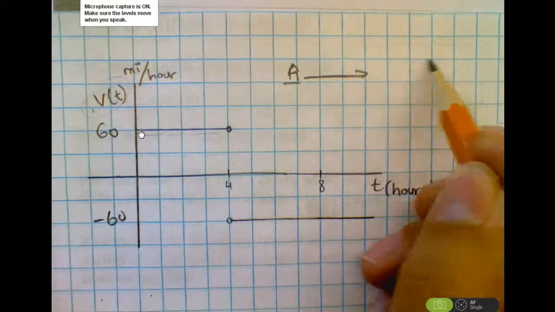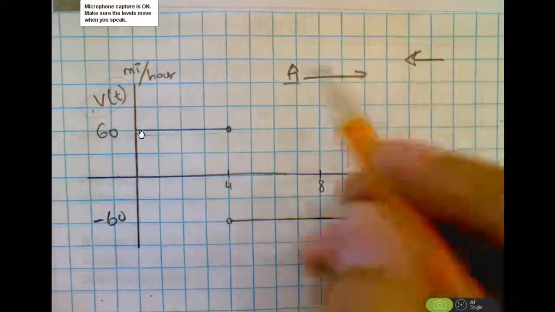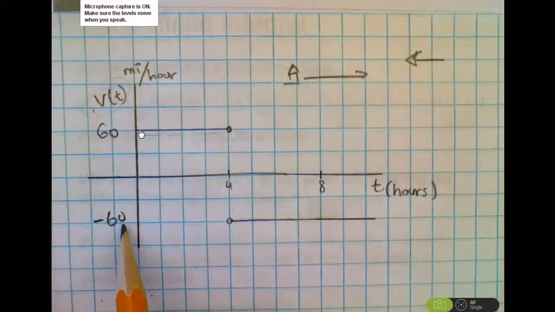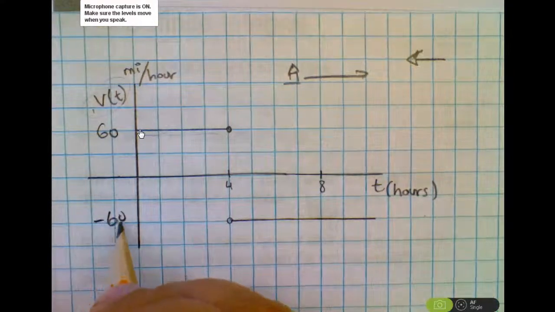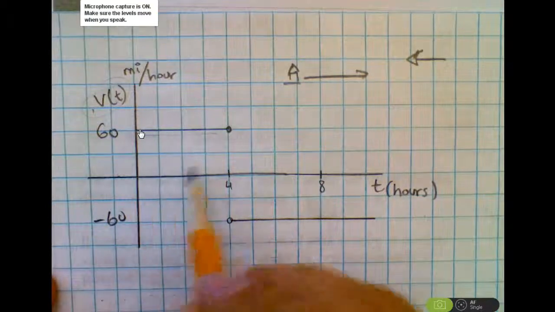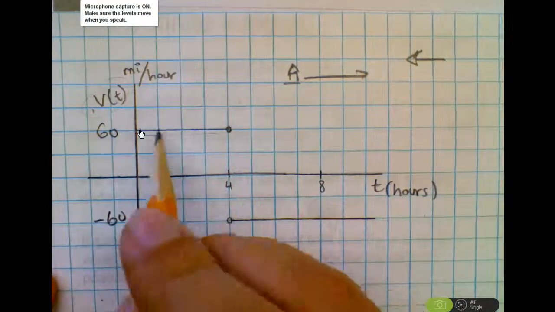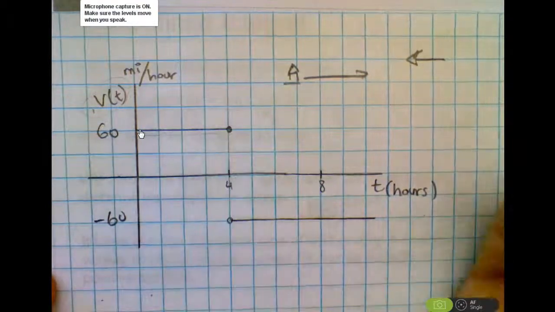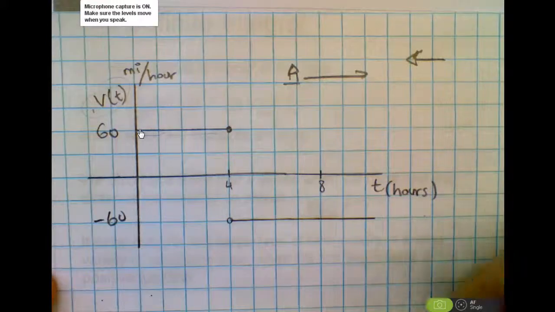After you reach your destination, you go back again to home, and in that space your velocity will be negative 60 miles per hour. So you're traveling for 4 hours away from home. So the question is, how far do you go from home?